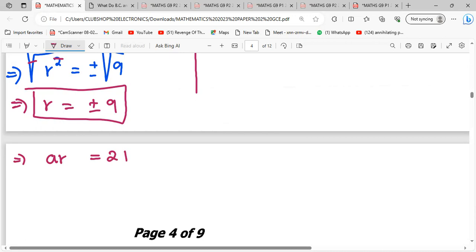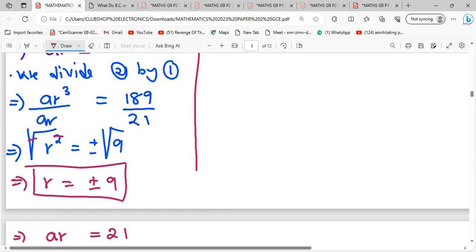Now, here we can find two answers, all right? So for that question, it's important to give conditions, otherwise there'll be a lot of work which you can find. You can take R as positive or negative. So R will be, take note, the square root of 9 here is 3.